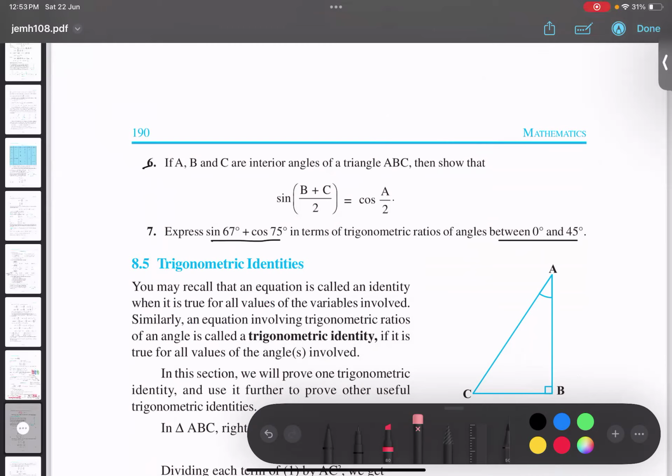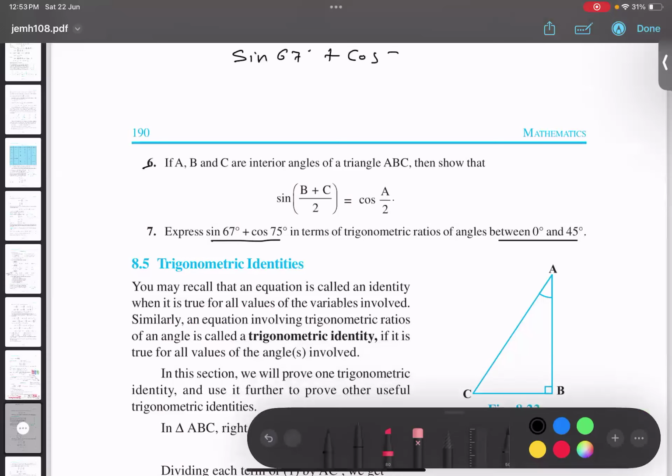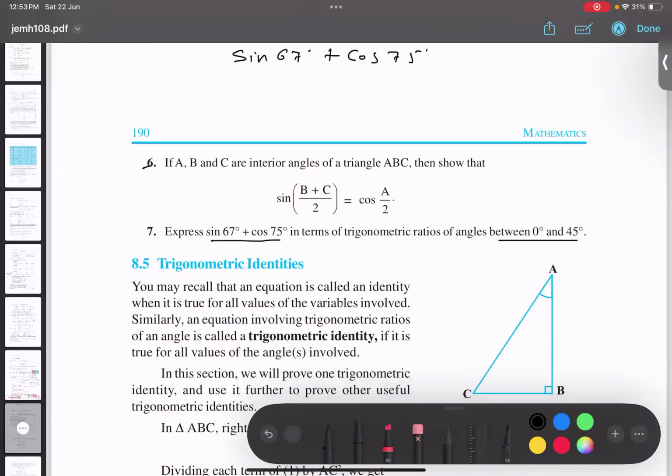So the question is sine 67 degrees plus cos 75 degrees. Now, both angles are beyond 45 degrees, yes or no? So how can I write sine 67? Tell me.